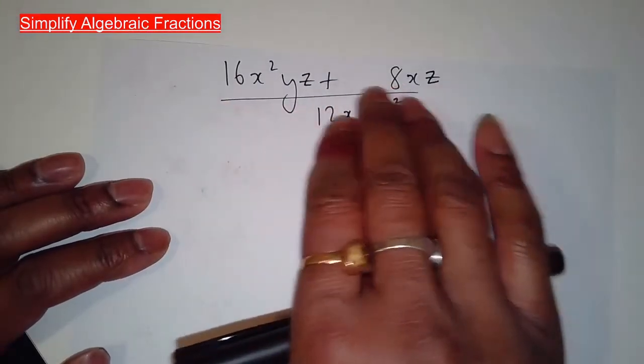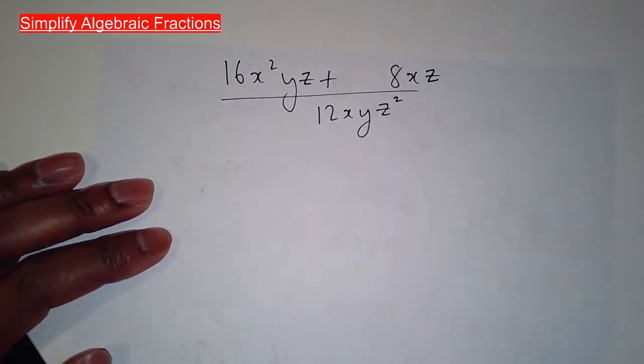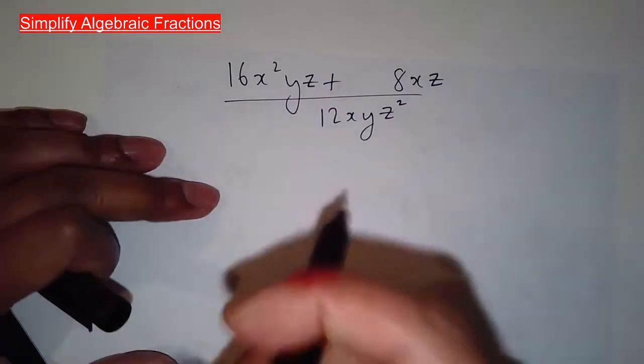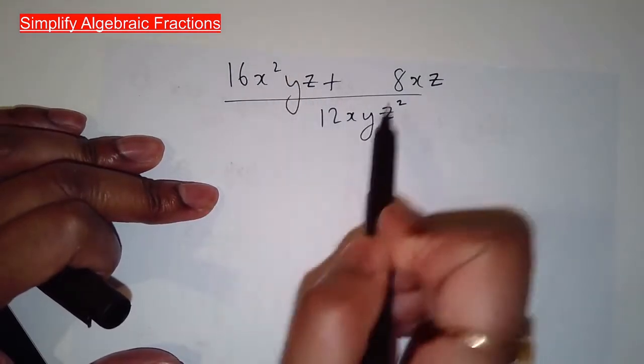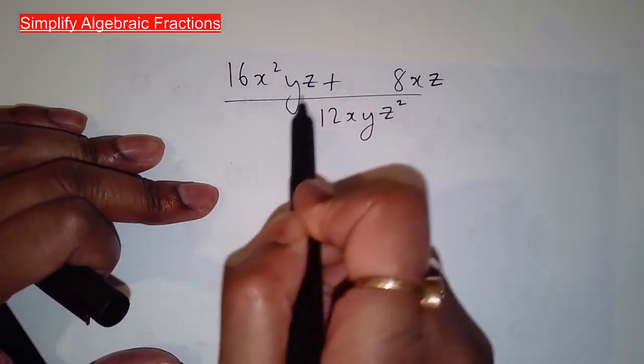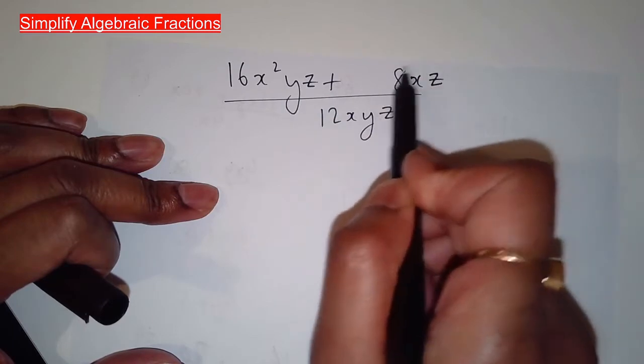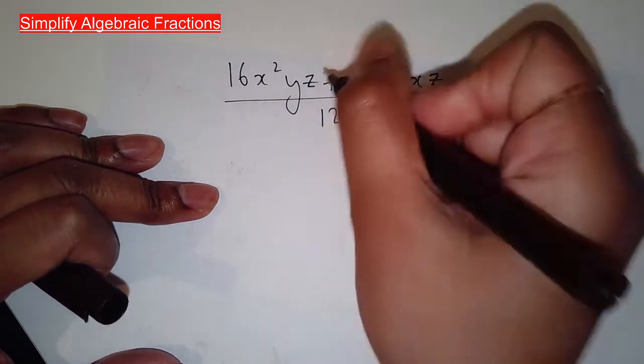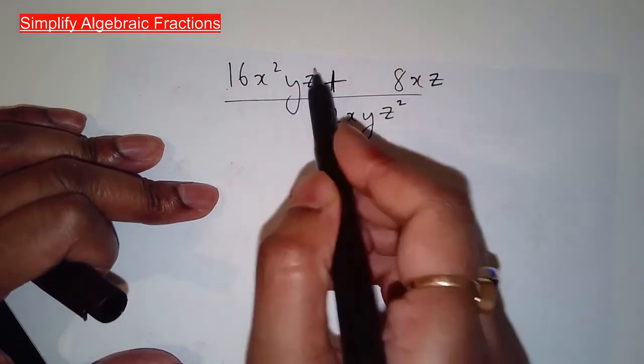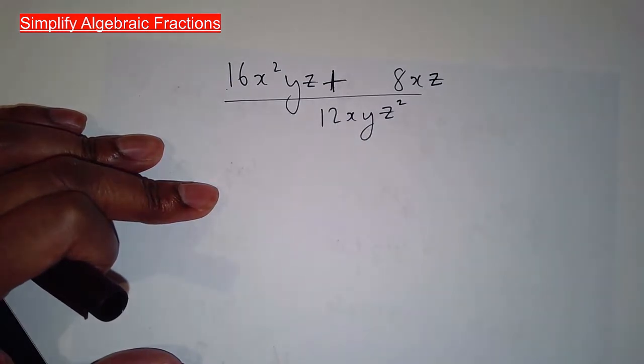Now this can be simplified because it's a fraction. We've got 3 parts here to this fraction. Here's one, here's another one, and here's another one. There are 3 parts, so that's 1, 2, 3 parts.